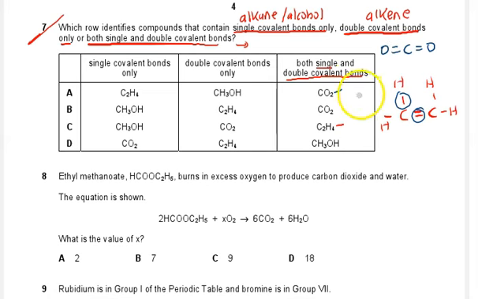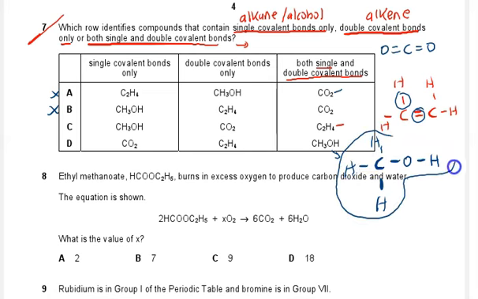So it cannot be A and cannot be B. And look at the last one here. This one will be COH, and we have H here. There is no double bonding over here. So your only choice of answer here is C.